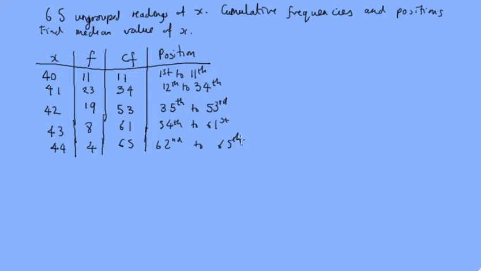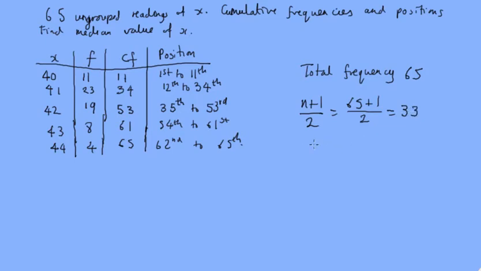So the total frequency is all of these summed together, which is 65. So n plus 1 over 2 is 65 plus 1 over 2, which is equal to 33.